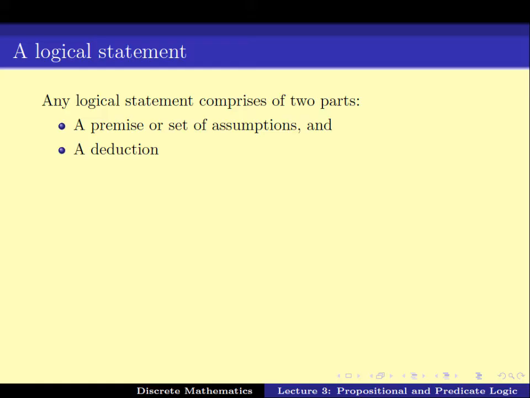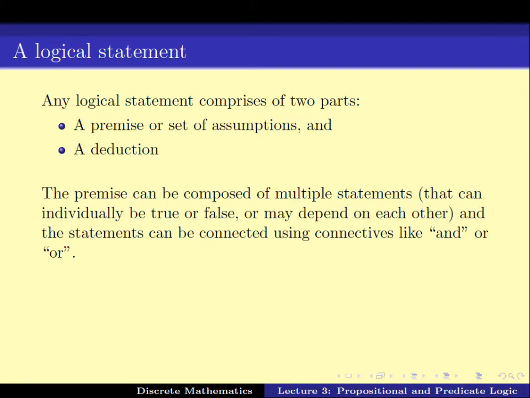The premise or the set of assumptions can be composed of multiple smaller statements, each of which individually can be true or false, or in other words, each of the smaller statements can either be satisfied or not. And these smaller statements are connected using connectives like and, or.